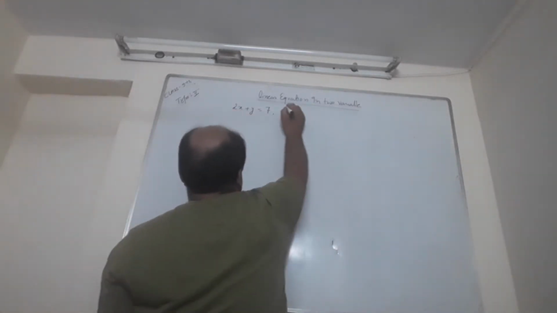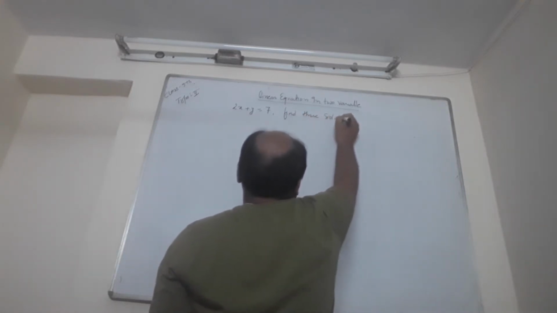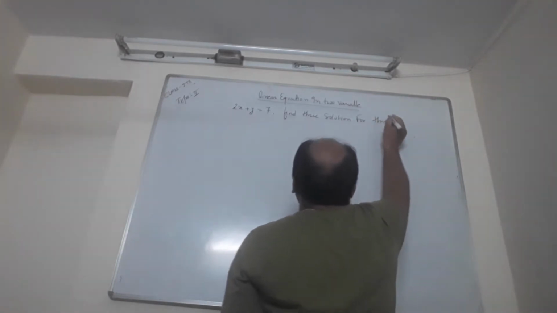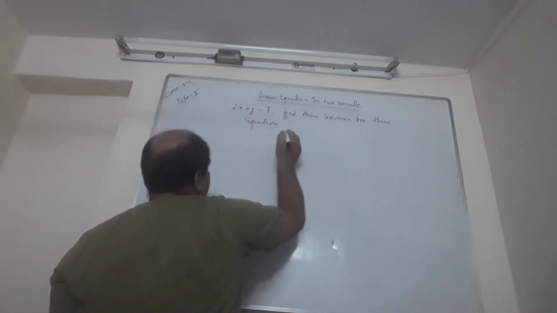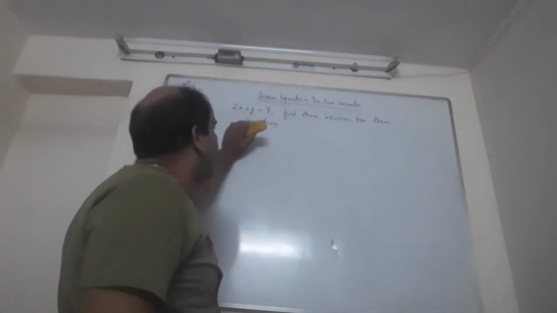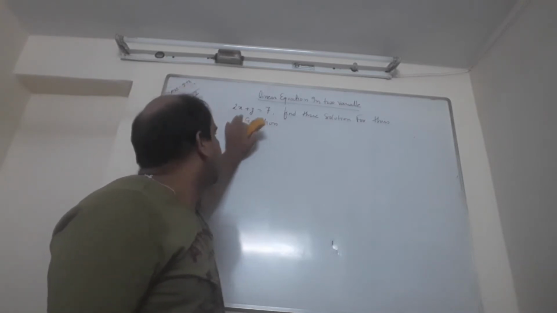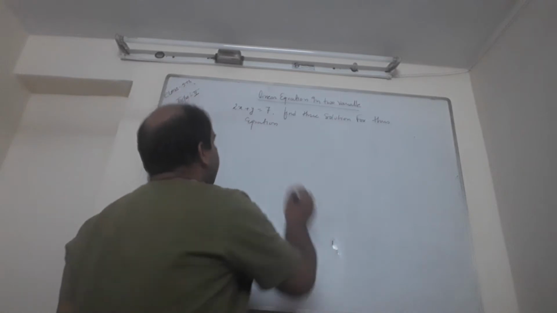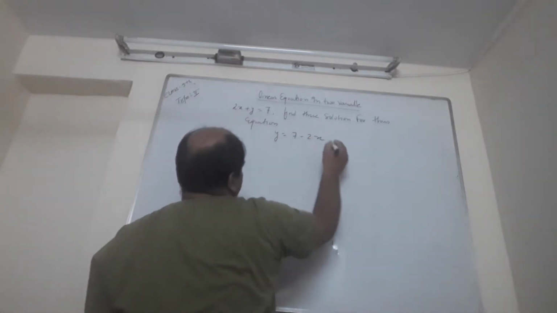Find 3 solutions for this equation. What we do is, it is advisable to always separate the variable that is without a constant term. In this question, 2x plus y equal to 7, y is without any constant term. So we can write this equation as y equal to 7 minus 2x.